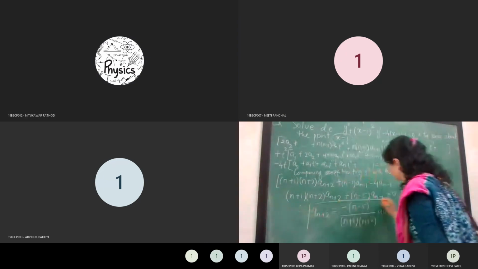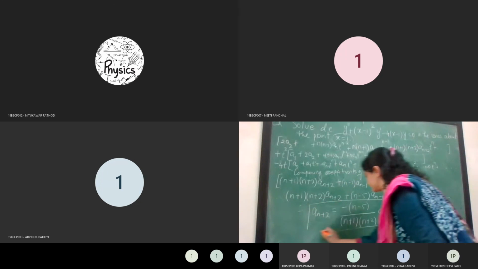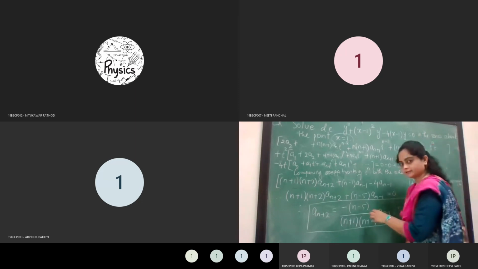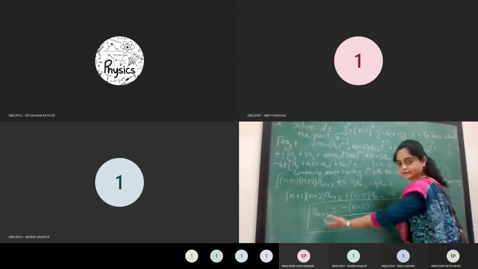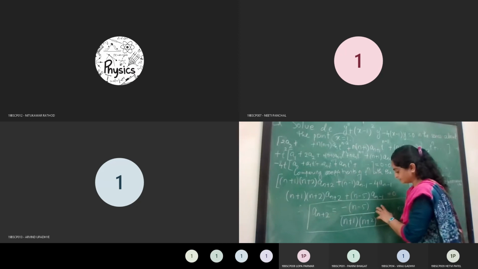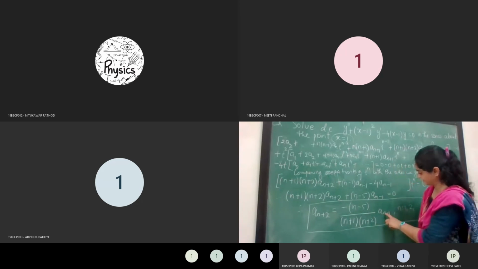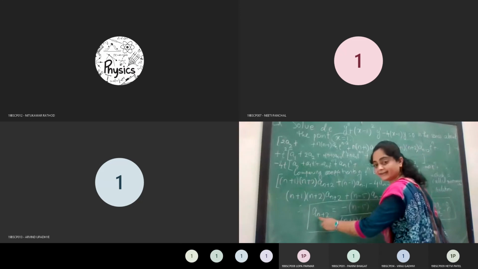So this is what the recurrence relation is, which is called recurrence relation. Why recurrence? Because it is reoccurred with the coefficients. From this you will get the value of a3, so for example if you have substituted n is equal to 1, then you will get the a3 value.